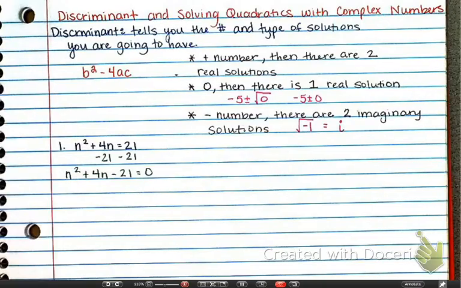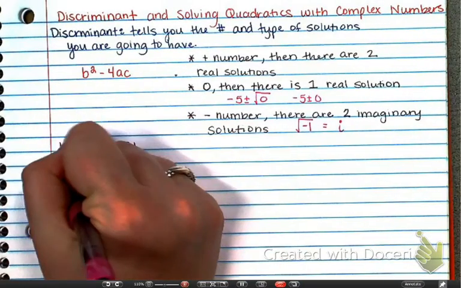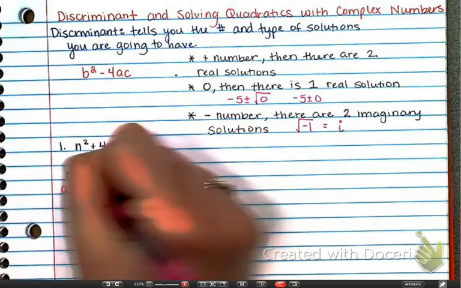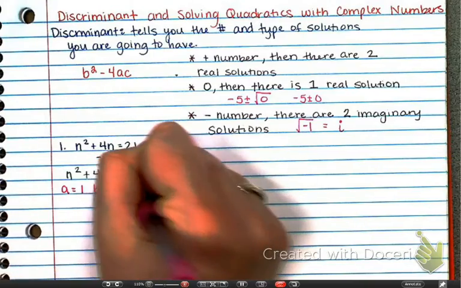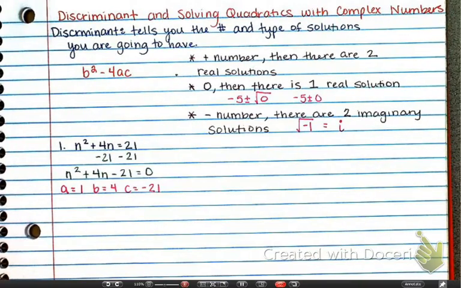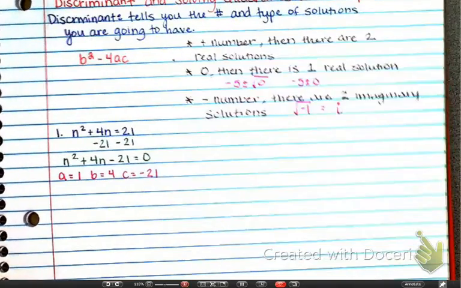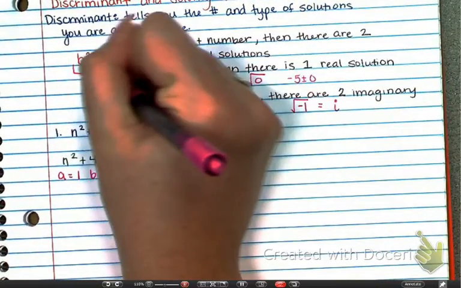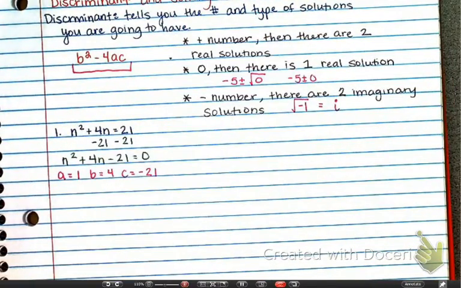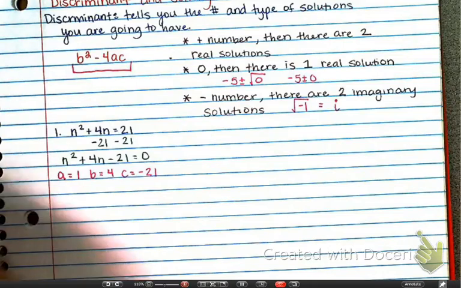I can now identify A, B, and C. So A is 1, B is 4, C is negative 21. Again, I'm not using the quadratic formula. I am just looking for the discriminant. So we're just plugging it into that piece.